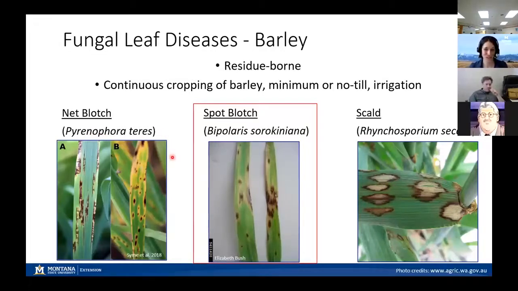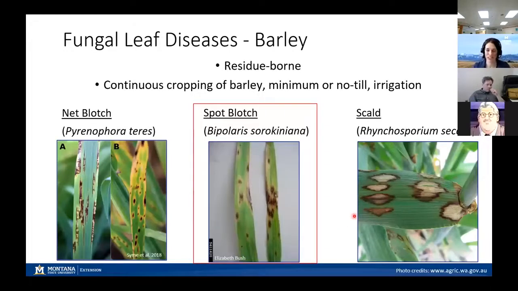And then there's also the spot blotch on barley, which is caused by a pathogen which may sound a little bit familiar to you now, Bipolaris sorokiniana, which is the pathogen that I earlier mentioned can cause common root rot in wheat and barley, etc. So this pathogen can also reoccur, causing these spot blotch diseases on your foliage.